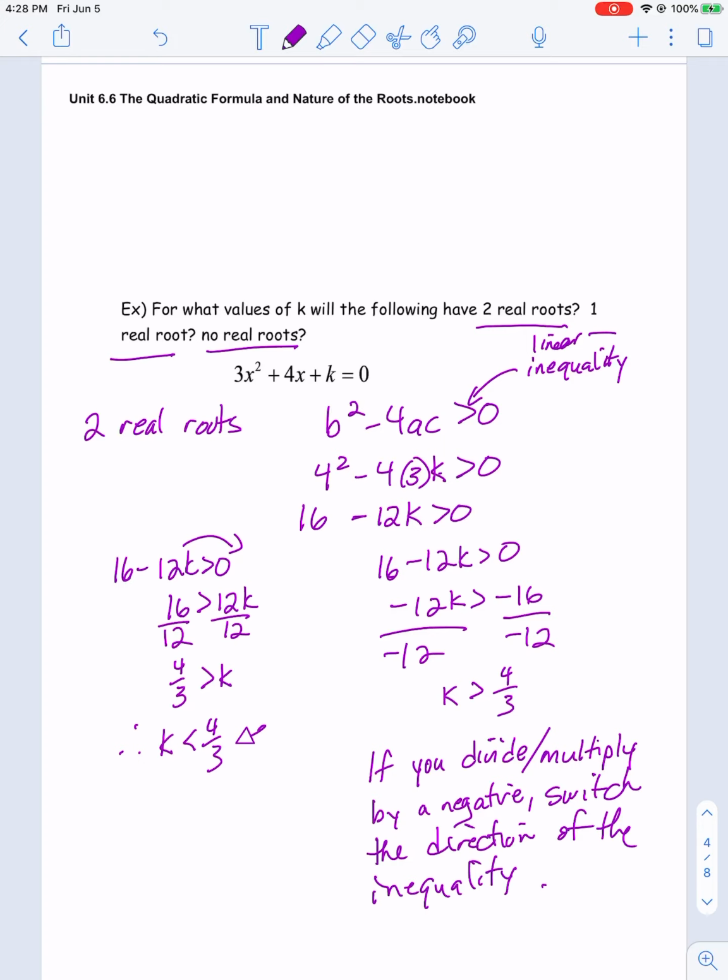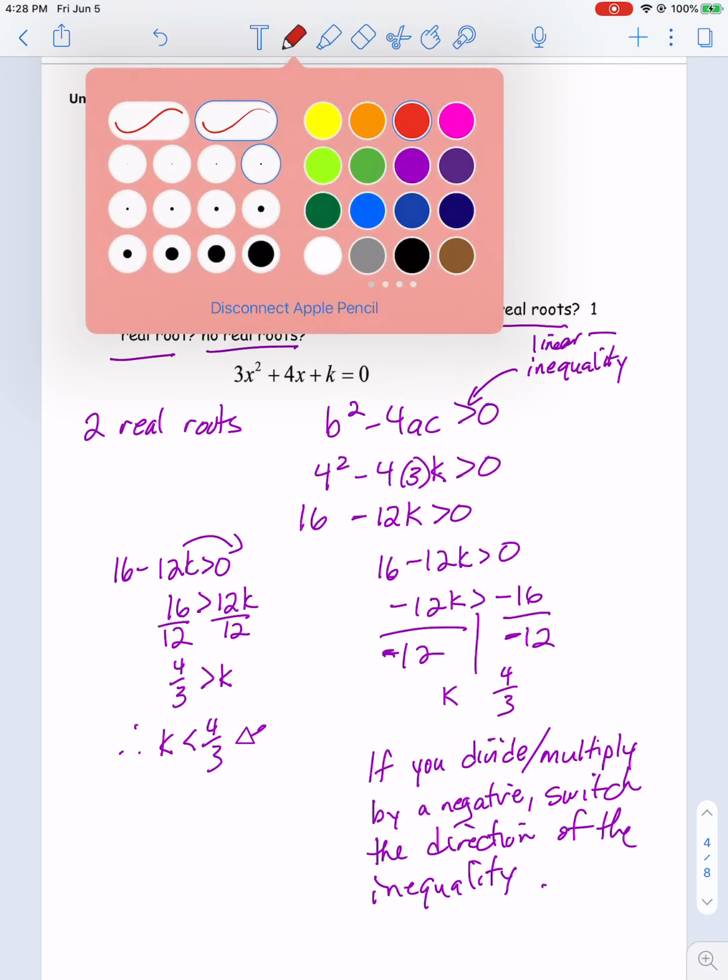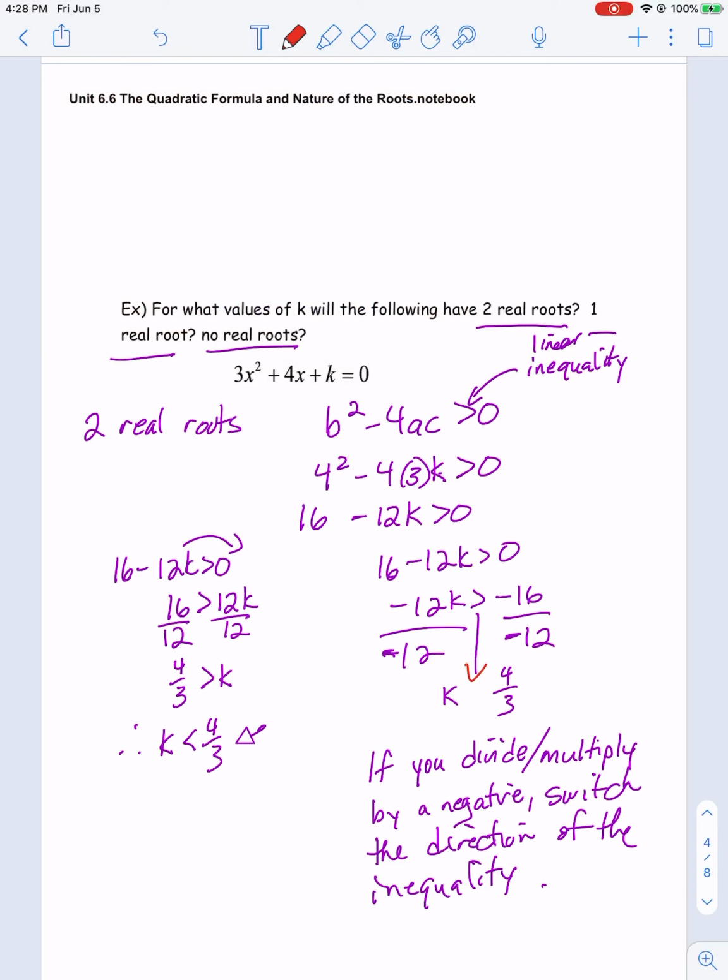So because I divided by negative 12 here, instead of this inequality being a greater than, it's now actually going to be a less than. So now I do have the same answer as I did over there.